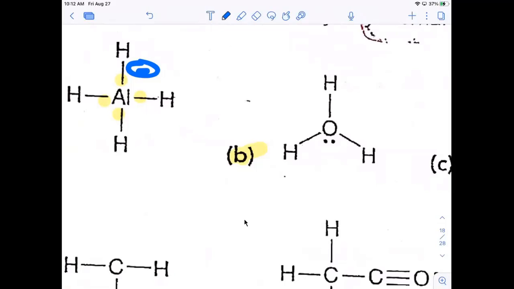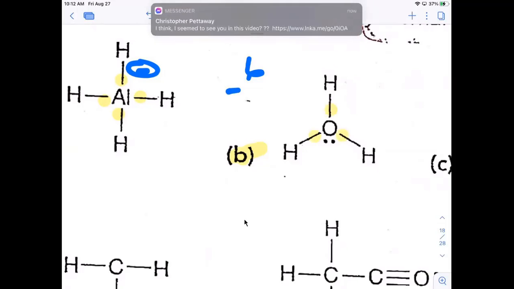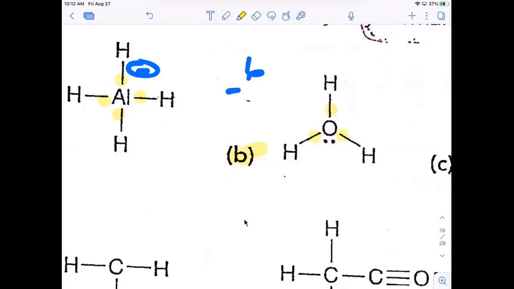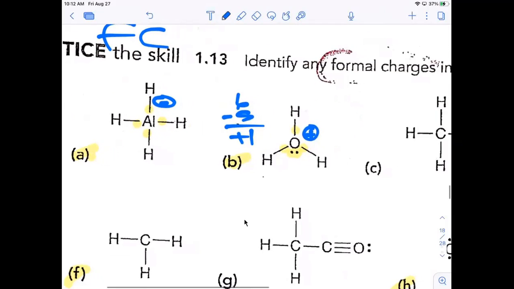Hayward, thank you. The valence for oxygen is 6. And then how many does it have around it? 1 from each bond. So that's 1, 2, 3. And then the lone pair makes 5. Very good. So 6, keep trying to write with the highlight. 6 minus 5 is +1. So we put a plus charge next to oxygen. Are y'all following that?